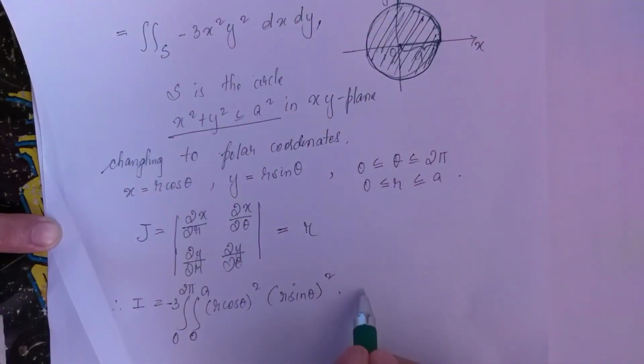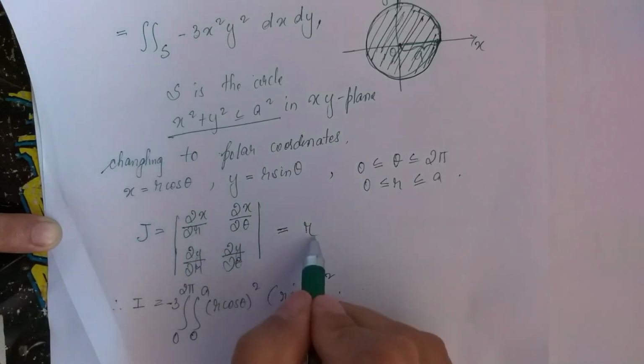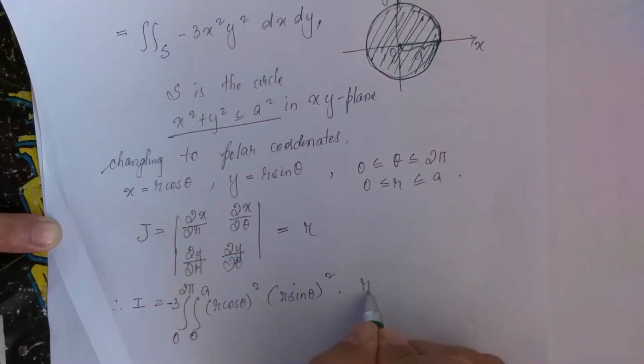Then the Jacobian is r. Since r is positive, the modulus of the Jacobian will be r. Then we change to dr d theta.